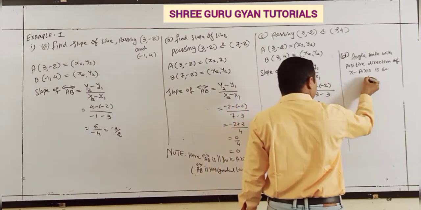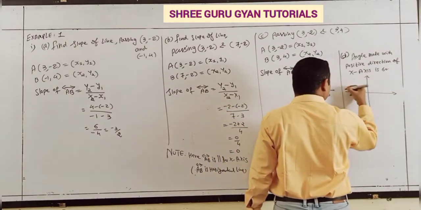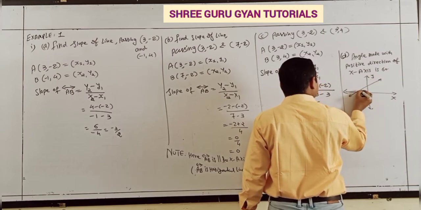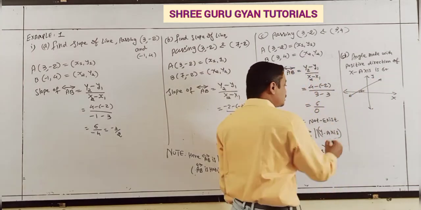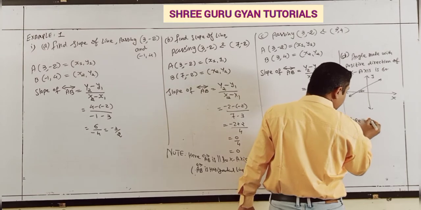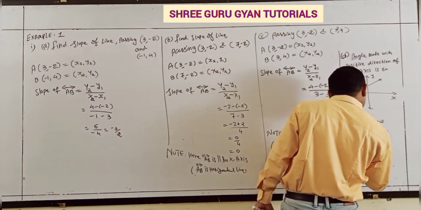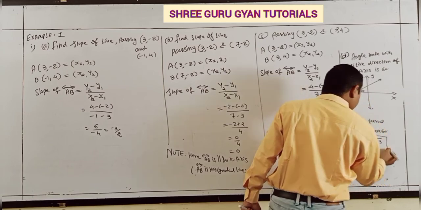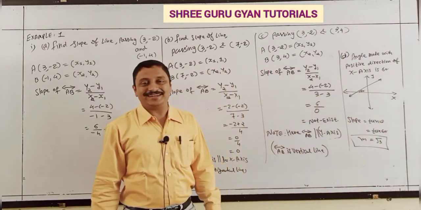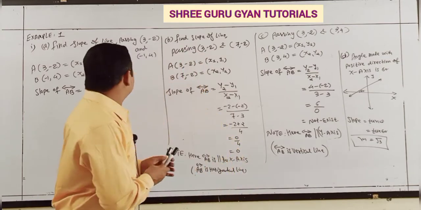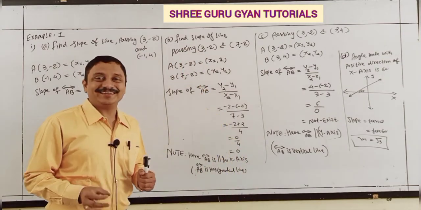Students, here you consider your line, y-axis and x-axis, with 60 degrees given. So you just apply the simple formula tan theta, tan 60 degrees, and tan 60 I know is root 3, and that's the slope. Tan 30 is 1 by root 3, tan 60 is root 3. And here students, your first question is easily done.